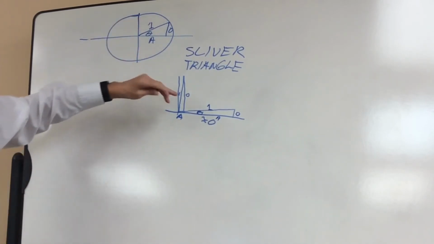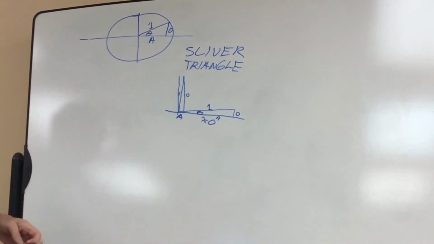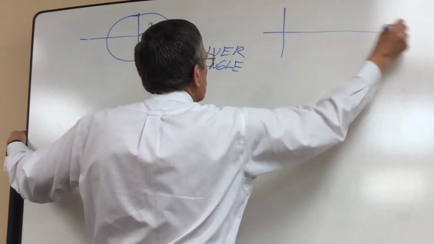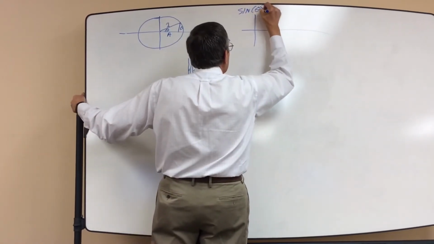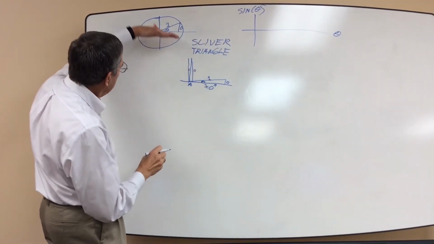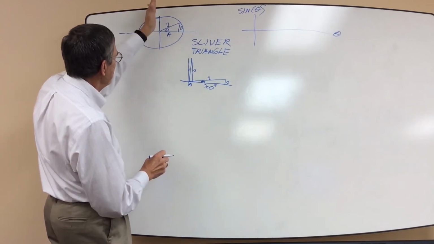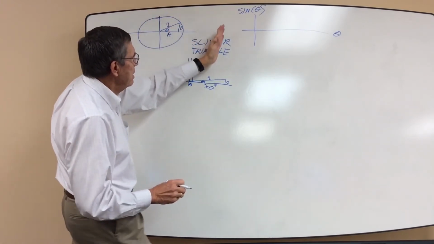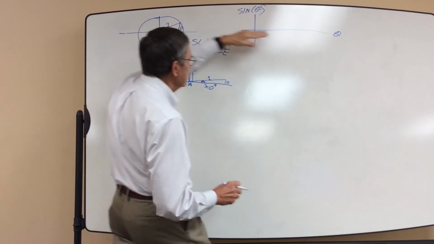So let me show you how using the sliver concept and the unit circle going through a rotation can generate your various trig functions. Let's start with sine. So I'm looking for sine of theta, where this is theta. I'm going to start right down next to the theta axis. In our way of thinking, this is the y-axis, this is the x-axis. We've changed that now to this being the y-axis, which is sine theta, and this being the x-axis, which is theta.